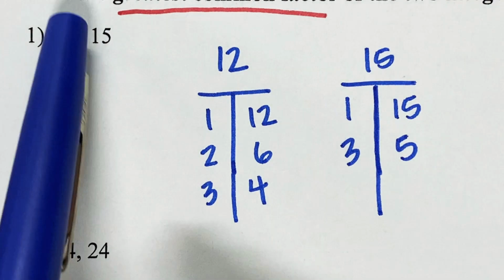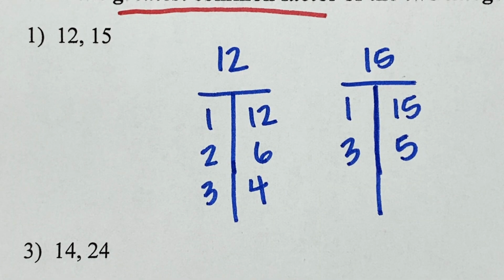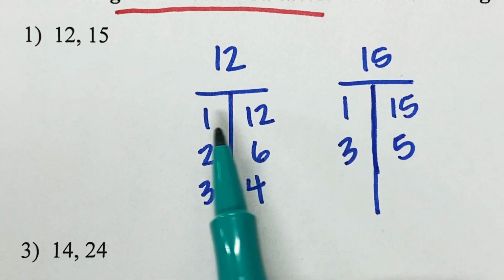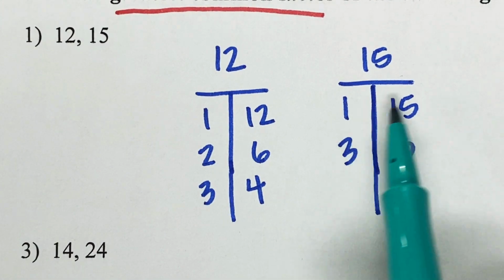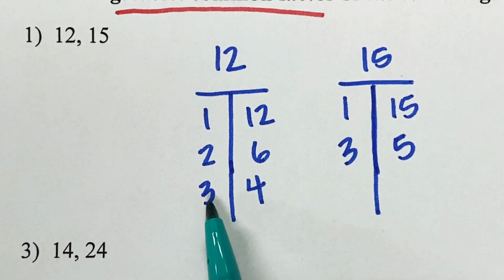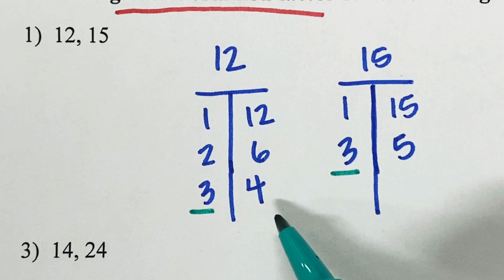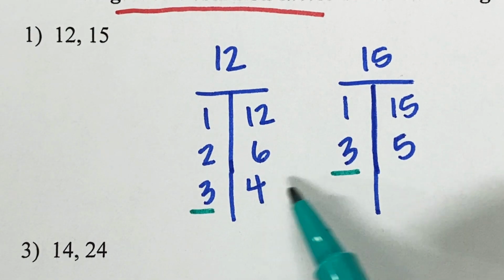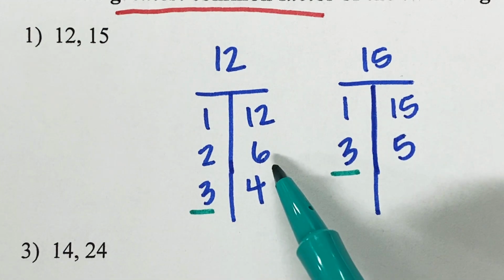Now when it's asking us to find the greatest common factor, what is the biggest number that's on both of those lists? I see that they both have a 1. But 12 has a 2, and 15 doesn't have a 2. They both have a 3. Is there anything higher than 3 that they both have? 4, 15 doesn't have. 6, 15 doesn't have. 5, 12 doesn't have.